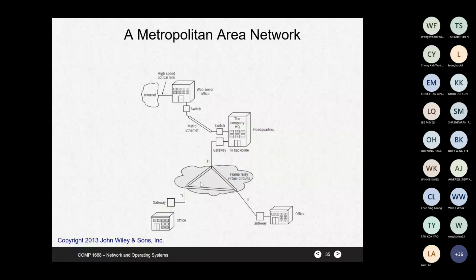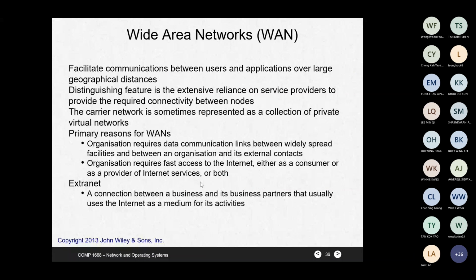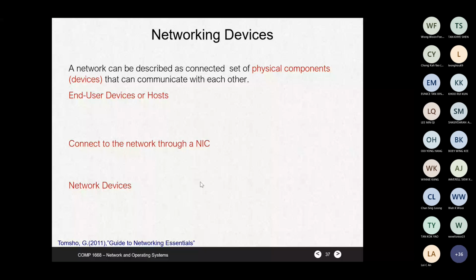Wide area network, WAN, extranet: make sure you understand the differences between intranet, internet, and extranet. Ask yourself questions, and you should be able to answer them. What are the differences between internet, intranet, and extranet?